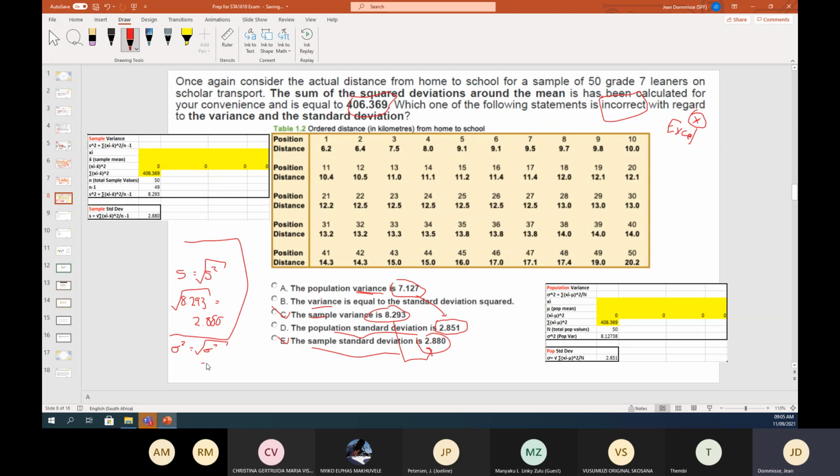So the variance is 7.127. If I take the square root of 7.127, I get my answer as 2.670 when rounded off.